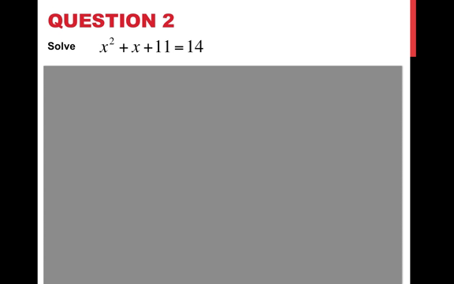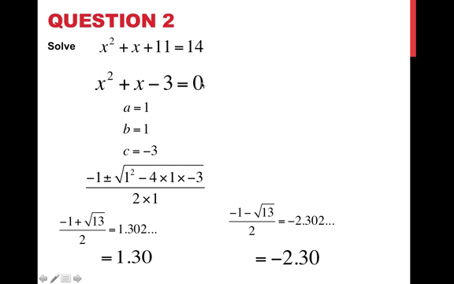Right, solve x squared plus x plus 11 equals 14. You might think, oh god, what's happened here? But not to worry, because we just do 11 take away 14 and rearrange it, which is x squared plus x minus 3 equals 0.